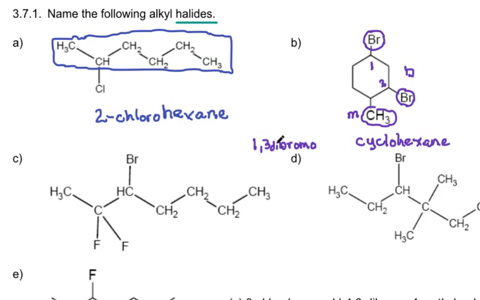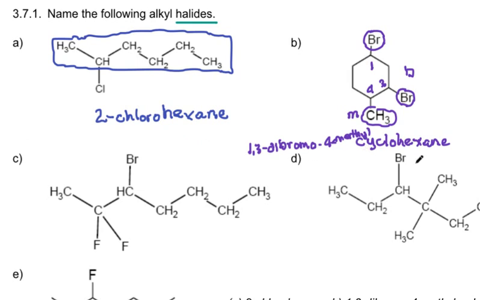Just like if there were 2 methyls, you'd say dimethyl. 1,3-dibromo. And there should be a dash in there. It'll drive me crazy if I don't fix it. 1,3-dibromo is what I'm going for here. And then we have our methyl group, which is on carbon number 4. I really did not leave myself enough space here, sorry.